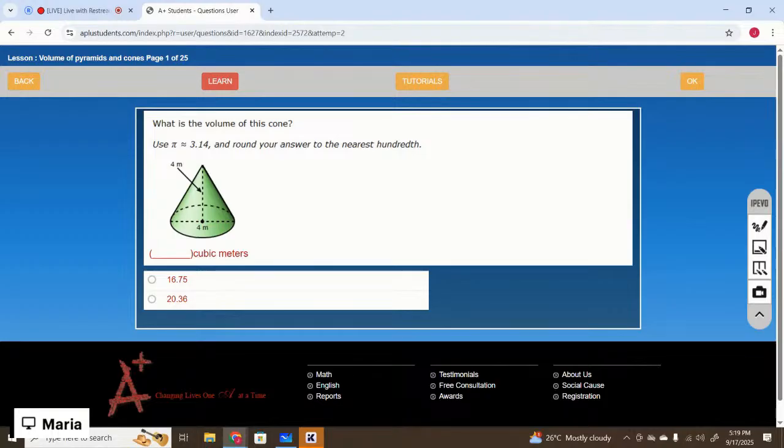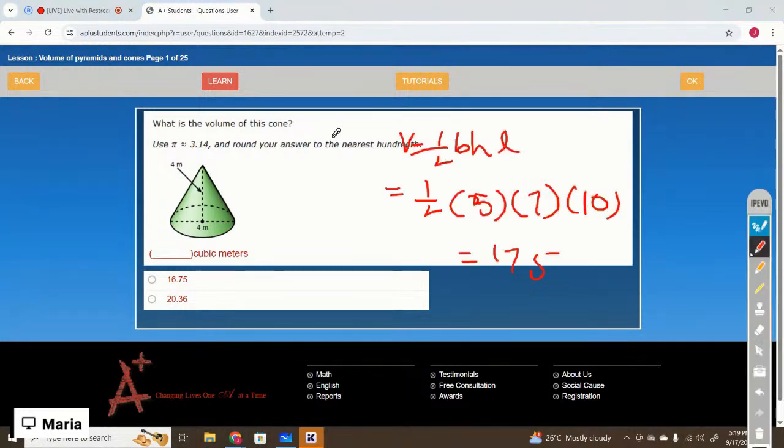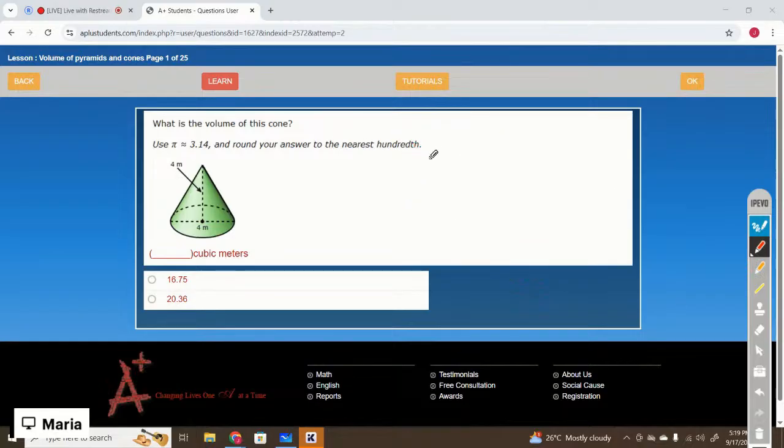What is the volume of this cone? That is V equals 1 by 3 pi r square h.